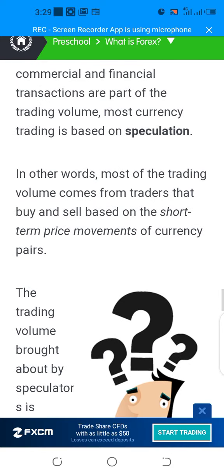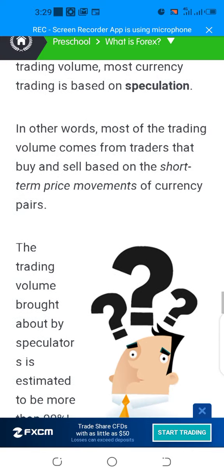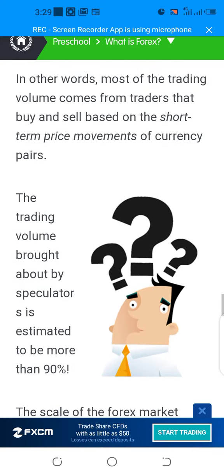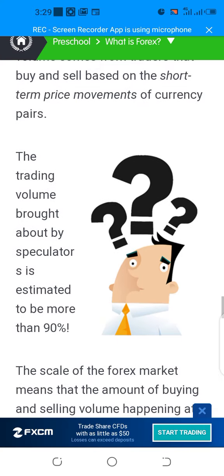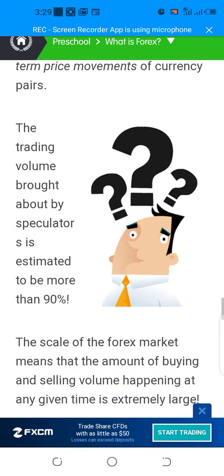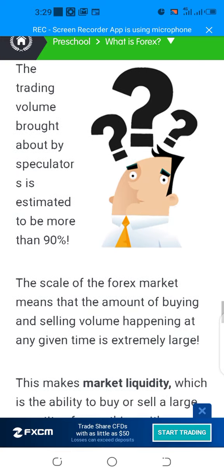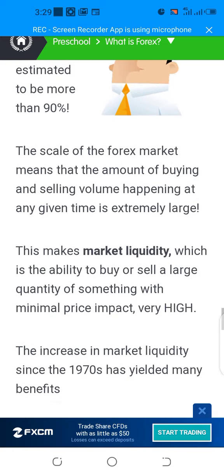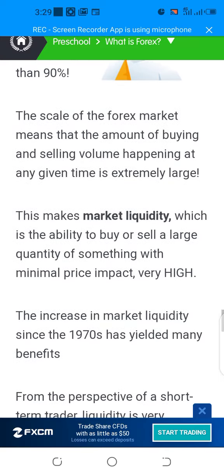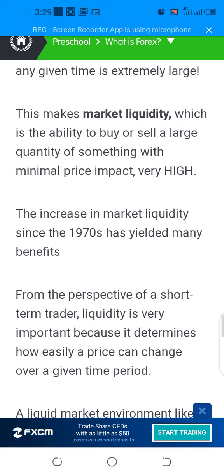If, for example, a particular pair, say USD/JPY, has an exchange rate of 119.80, we can calculate the pip value in terms of the lot size by saying 0.01.